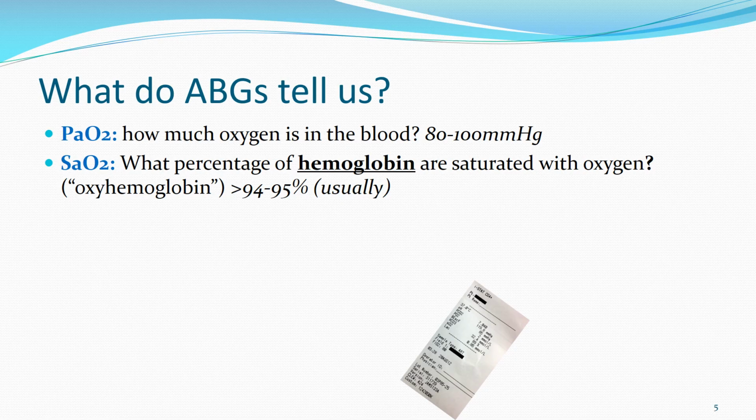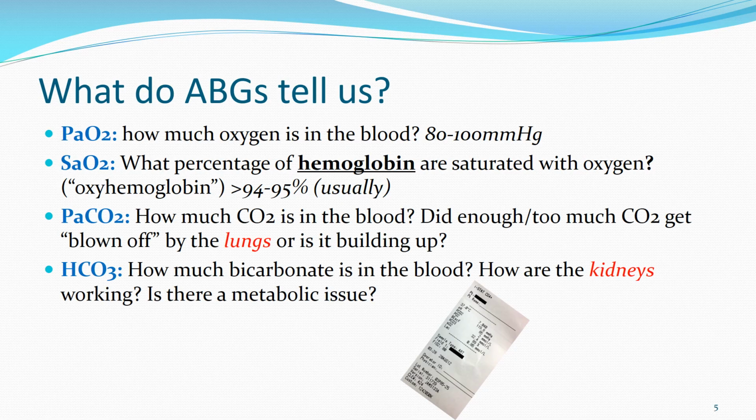So next, we're looking at the total amounts of two important compounds, CO2 or carbon dioxide and HCO3 or bicarbonate. Now, the amount of CO2 in the arterial blood basically tells us how much CO2 did we just get rid of in the lungs by exhaling, or how much was left behind by maybe not exhaling so effectively.